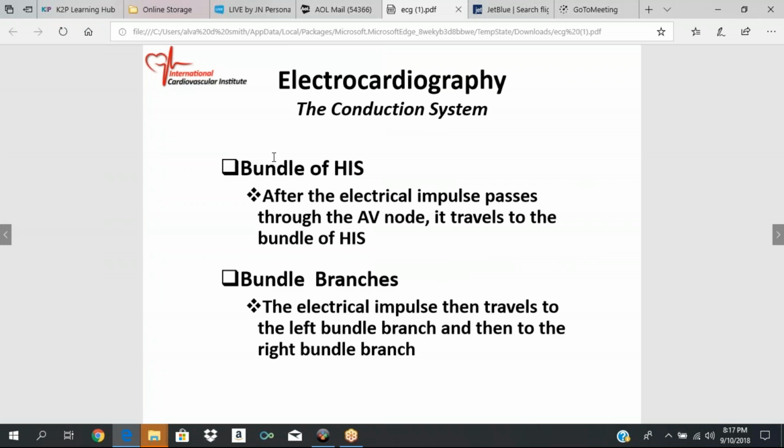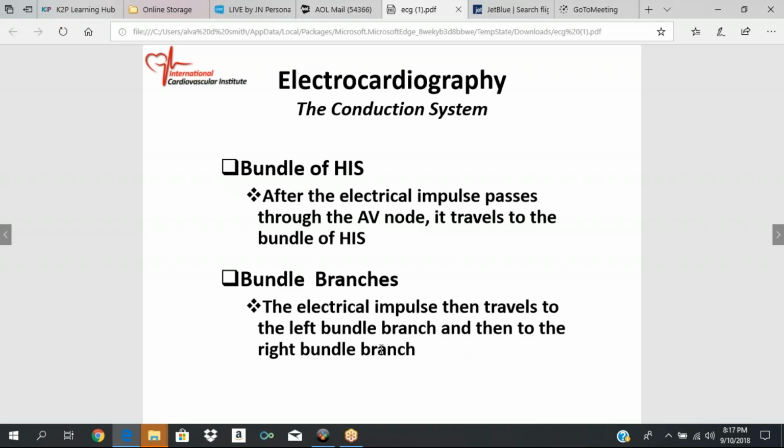Then it moves from the AV node down the bundle of His. So after the electrical impulse passes through the AV node, it travels to the bundle of His. Okay? And then the bundle of His will give rise to the bundle branches. The electrical impulse then travels to the left bundle branch first, and then to the right bundle branch.